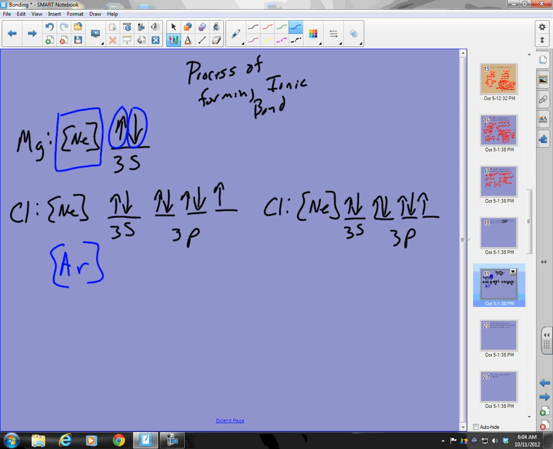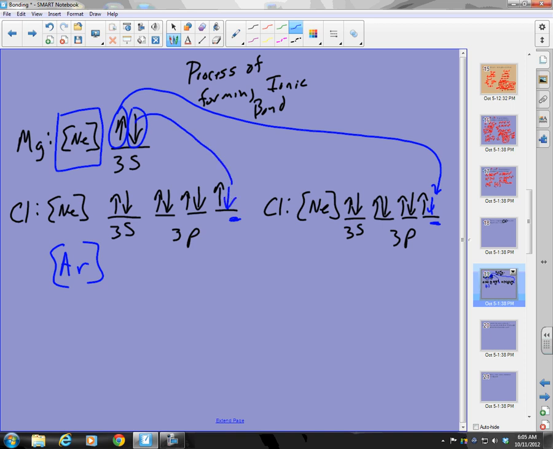It needs an electron to come in here, and this chlorine needs an electron to come in here. If each of these chlorines gains 1 electron, then it will have an argon core, which is a noble gas core. So this electron may come over and go down like that, and this electron can flip around and go down like that.